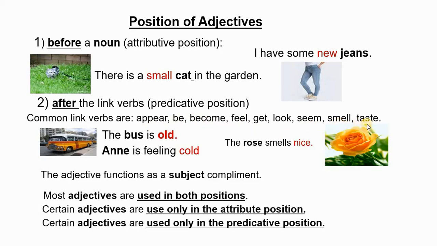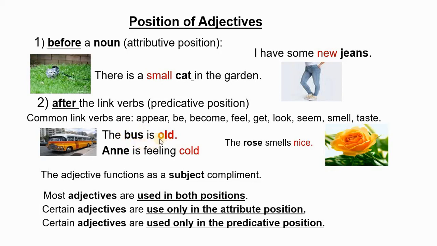And let's look at some examples. Example here. The bus is old. This is the linked verb is. It is a verb be. And this is the noun bus.